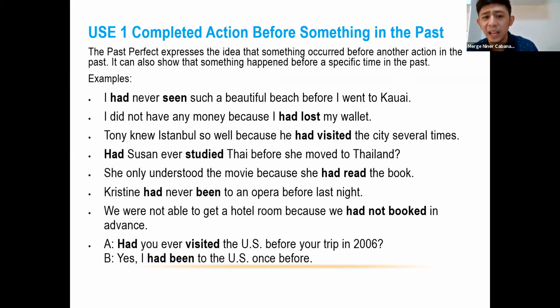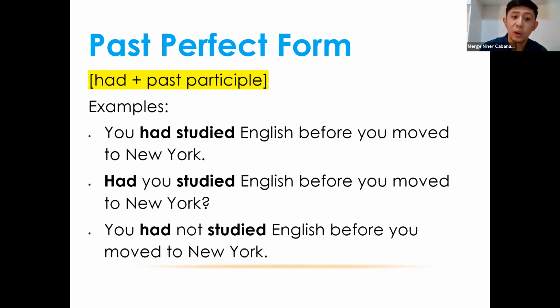I did not have any money because I had lost my wallet. Tony knew Istanbul so well because he had visited the city several times. So take a look at that. We are using cause and effect relationship with the use of your past perfect form.